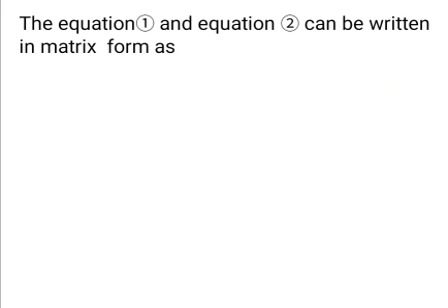These two equations, equation 1 and equation 2, can be written in matrix form. Here we have the left hand side of the system with the coefficient matrix, that means the coefficients of I1 and I2, and the right hand side with the answer values. The answer values are 2 and 4.